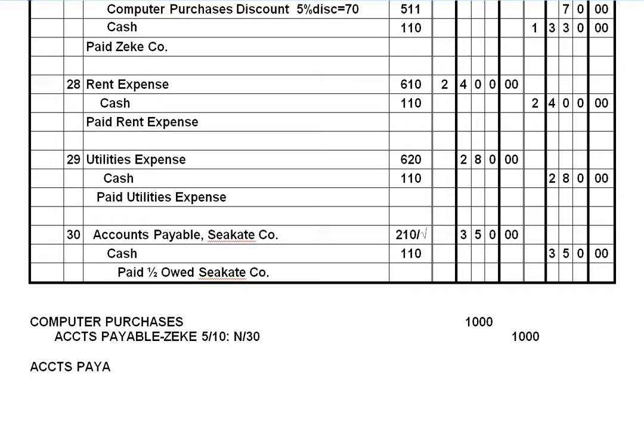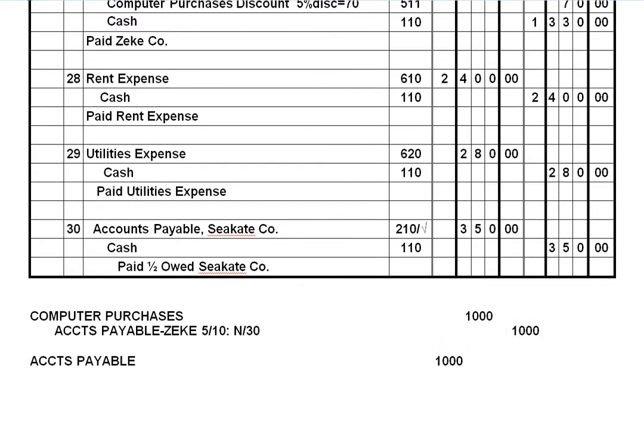Accounts payable. So if we're paying the whole thing off, let me tab that over. Okay, if we're paying the whole thing off, we've got to clear out the $1,000, don't we? So that would be on the debit side of the journal.